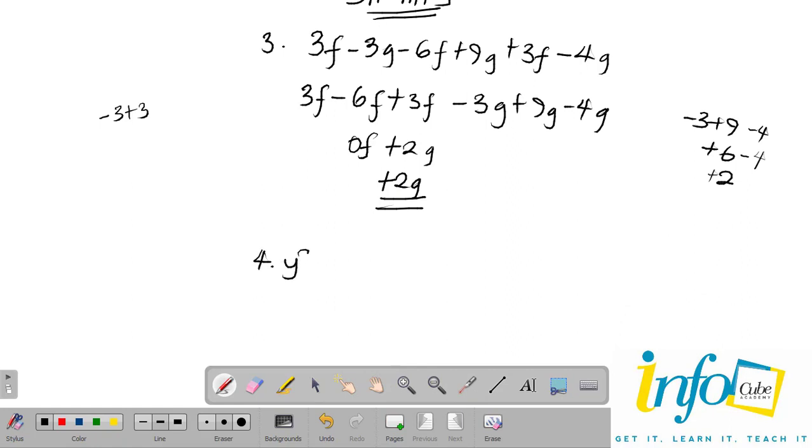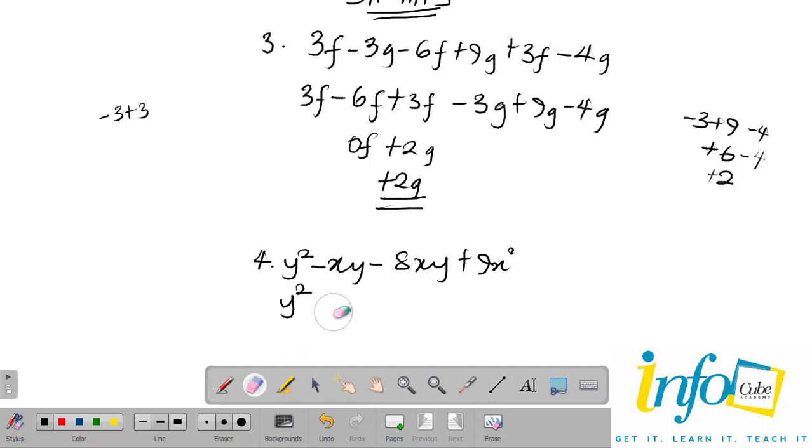We have y squared minus xy minus 8xy plus 9x squared. Now if you look at the question very well, you will see that we only have 2 like terms, which is minus xy minus 8xy.